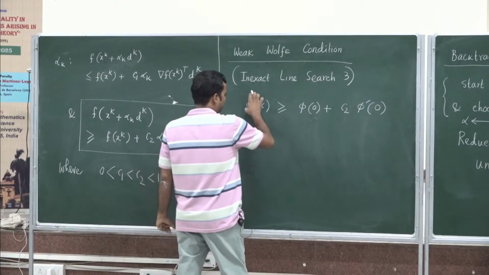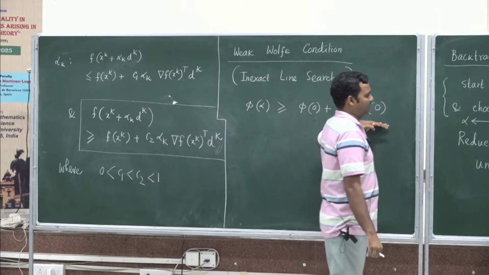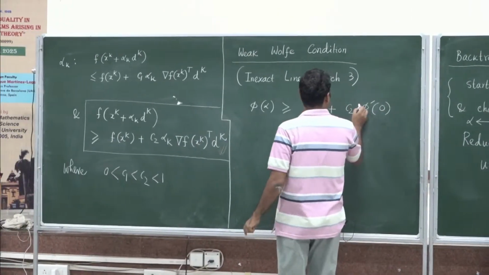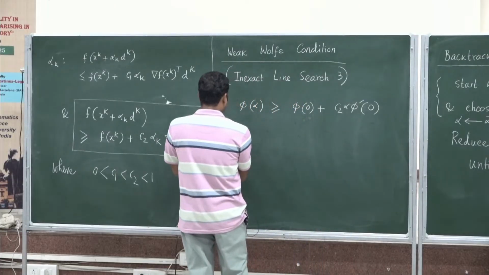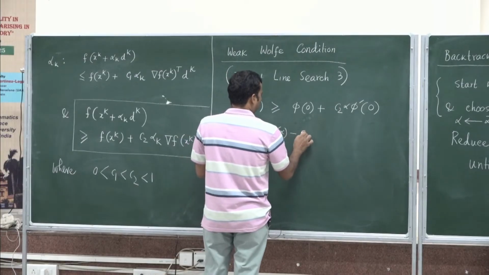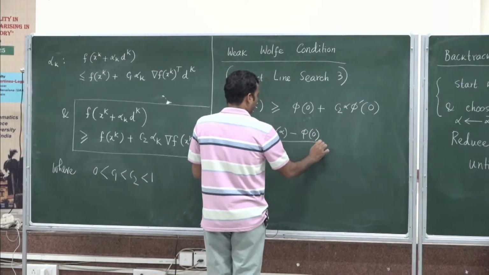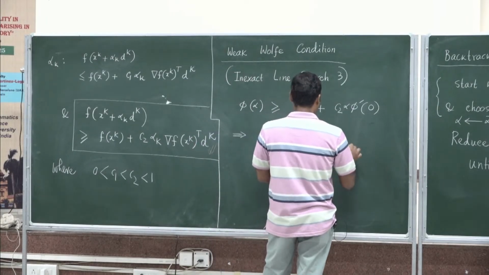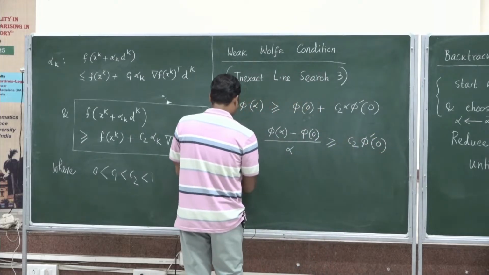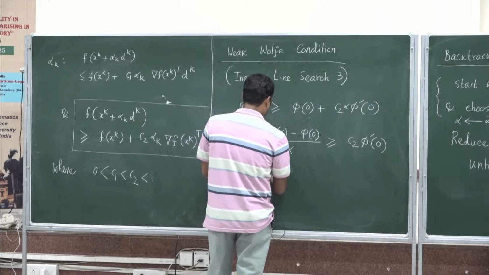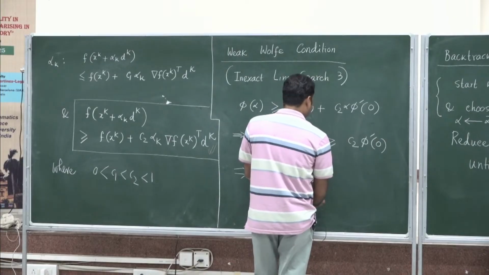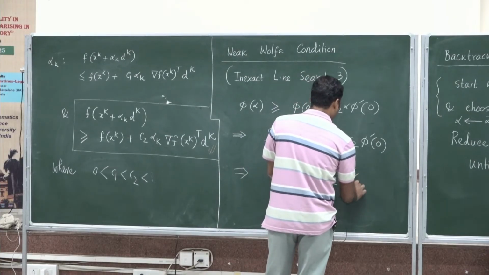And this is from the Goldstein rule. The Goldstein rule says that phi alpha should be above this line, C2 alpha into phi dash 0. And then this says that phi alpha minus phi 0 divided by alpha is greater than or equal to C2 phi dash 0, and by the mean value theorem this is phi dash xi, for some xi in between 0 and alpha, greater than or equal to C2 phi dash 0.